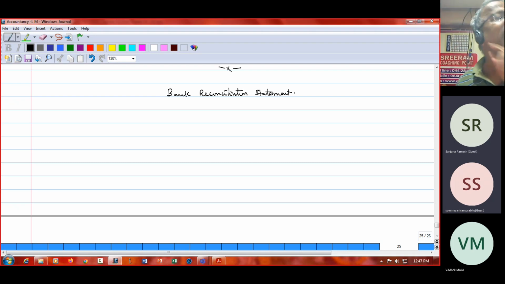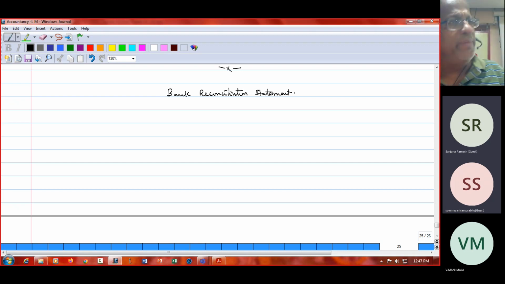There can only be two causes. No other cause we will accept. What are the two causes? One, checks that we have deposited, not credited before the end of the accounting year, that got credited in the following accounting year. Two, checks that we have issued during the current period, which we have recorded in our cash book, got presented in the following financial year.